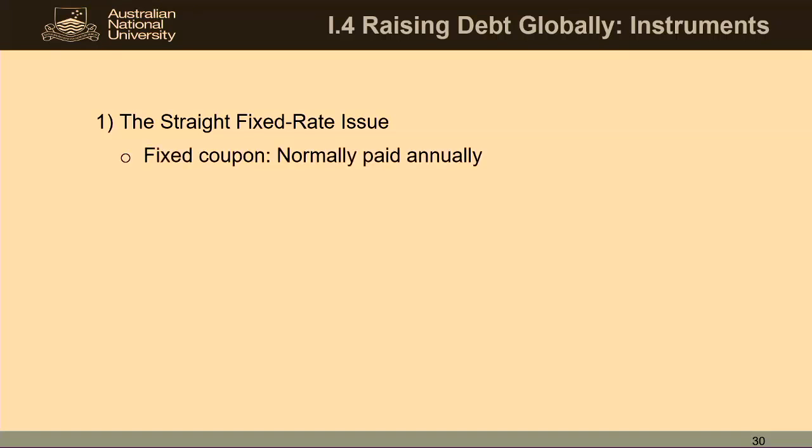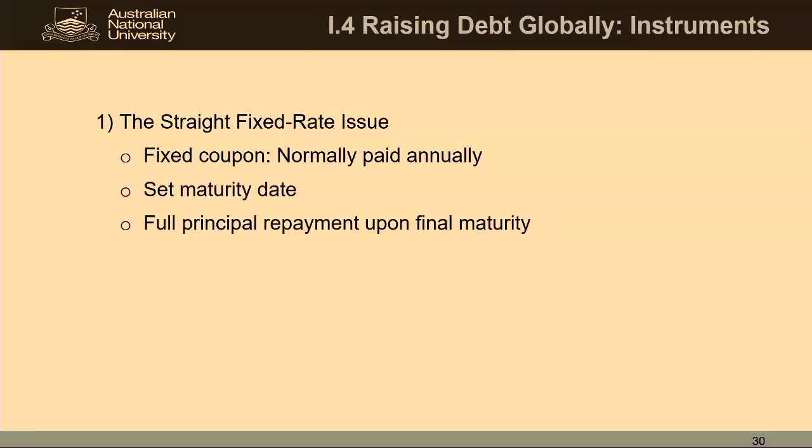So what are some of the instruments that we can use to issue bonds? Well, we can have a straight fixed rate issue. Basically, these are fixed coupon bonds that you would see already in the domestic bond market. It has a set maturity date. You have to have full principal repayment upon final maturity. So far, everything looks the same as domestic bonds.